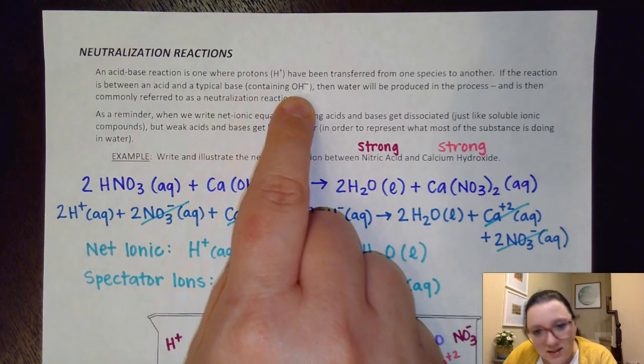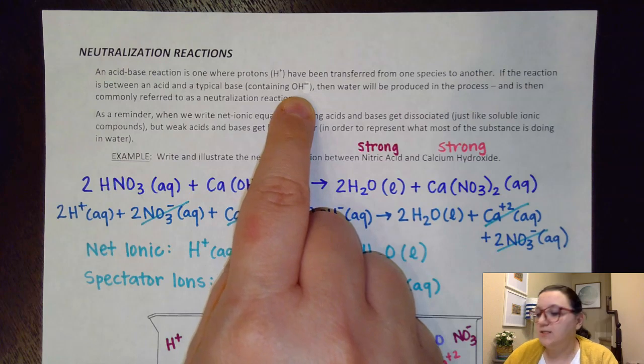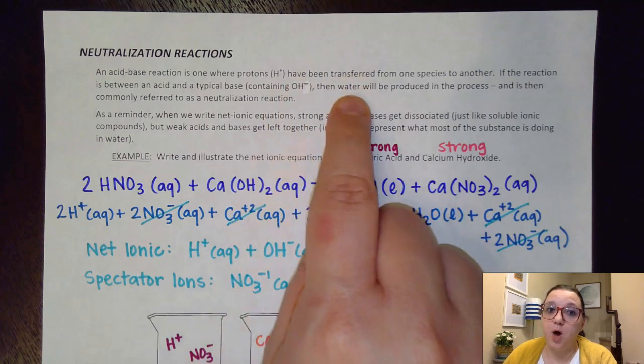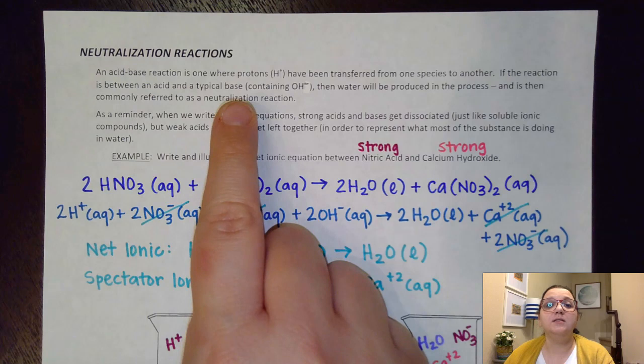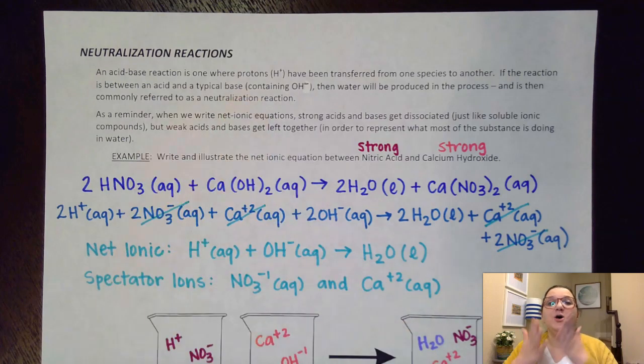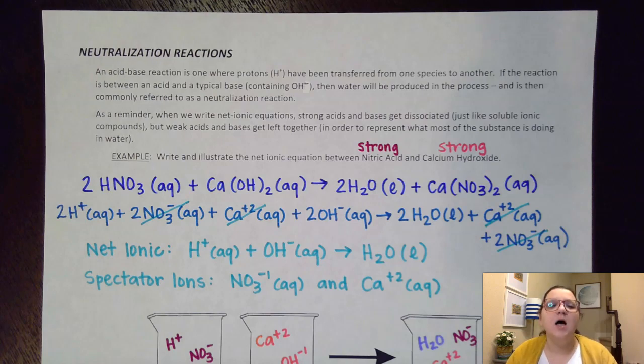And if we have that situation, then what happens is that water will be produced in the process. And if water is made, then we will often call it a neutralization reaction, because in a neutralization, we make neutral pH-wise water. Water has a pH of exactly 7 on the nose.